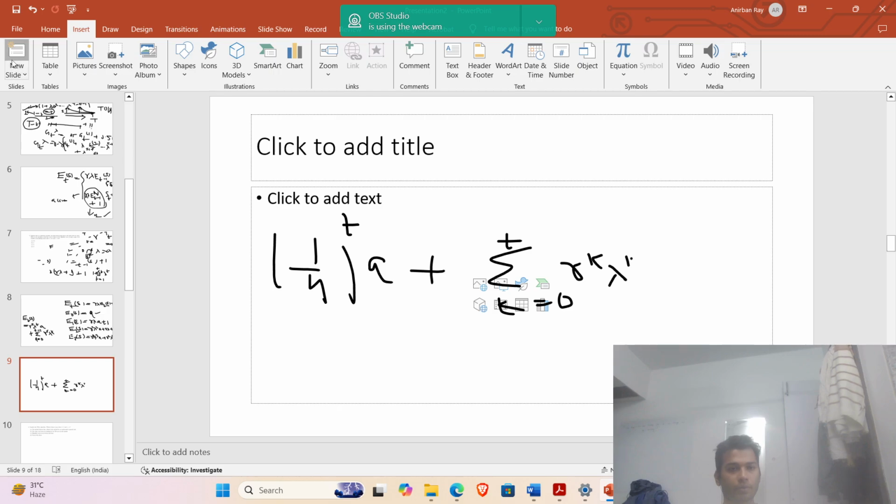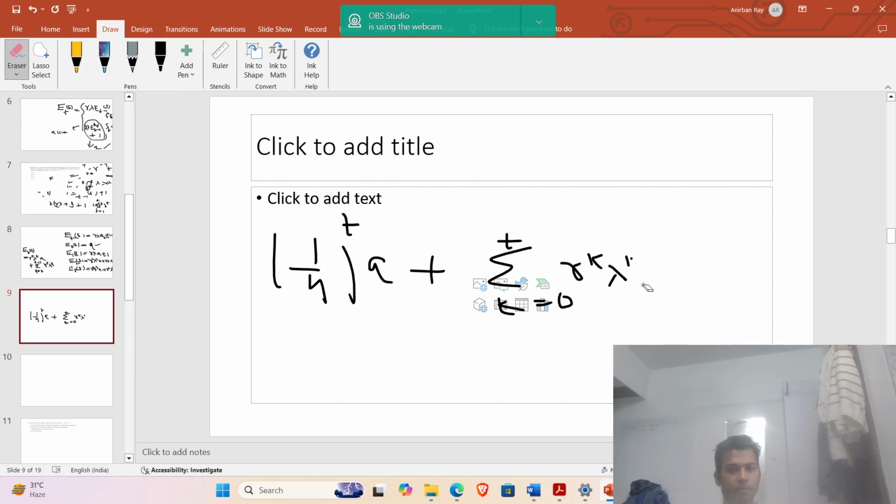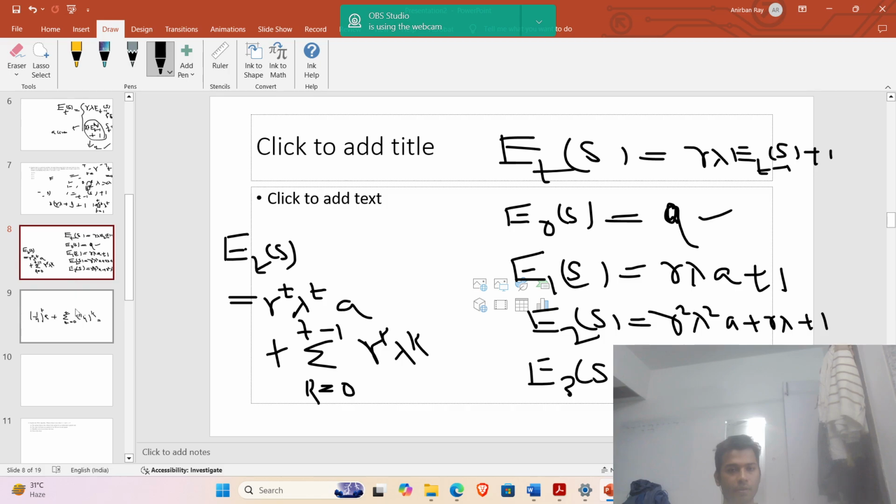This is 1 by 4, so let's write that: 1 by 4 to the power k, and this net is equal to E_t(s).